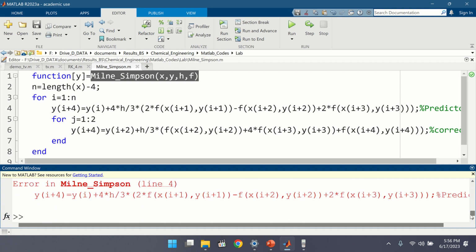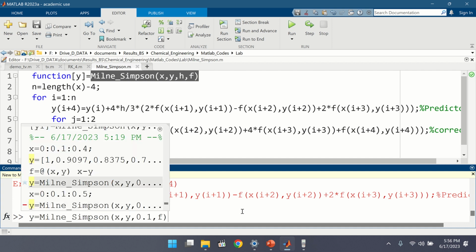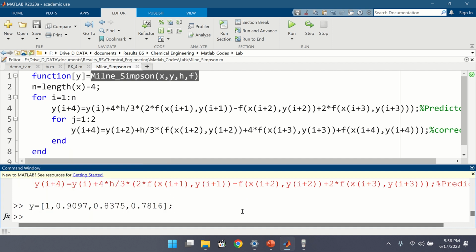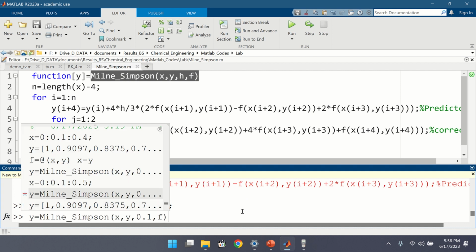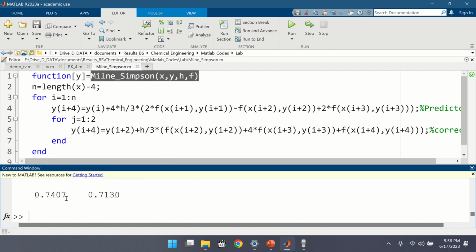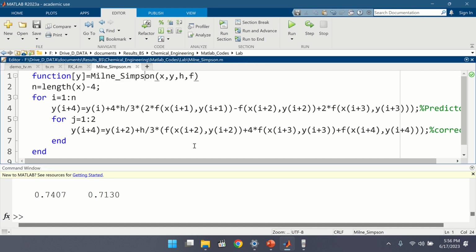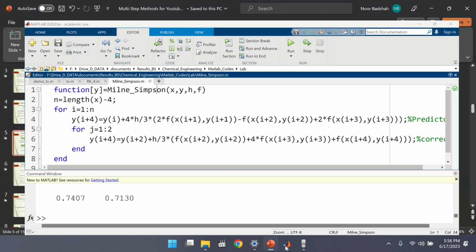I should have defined y again, because y was updated, so we'll define y back. Right now, you see we are getting 0.7407 and then 0.7130. We have to give initially 4 values, not the 5th value. I hope it's clear to everybody. It's a very simple and straightforward method.